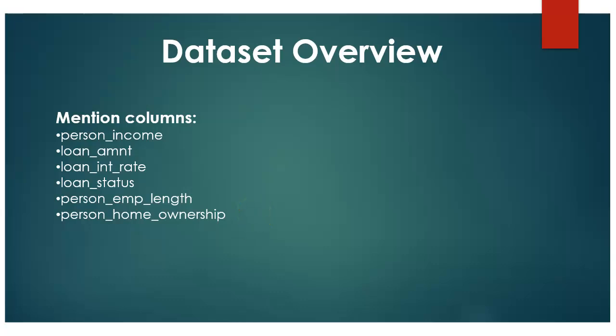The target variable in this dataset is loan status, which identifies whether a borrower defaulted or not. This dataset helps us understand the relationship between borrower financial conditions and loan repayment behavior.